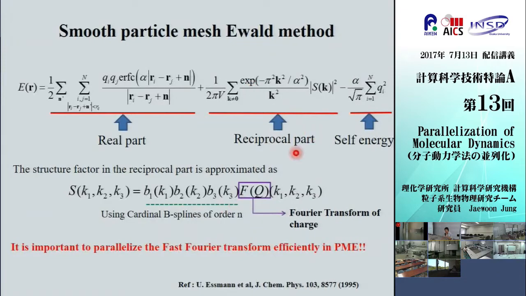So this reciprocal space interaction requires FFT. And in parallelization, FFT is the most difficult thing to parallelize because it requires communication not locally but globally. So in MD, one of the important things is to parallelize FFT.